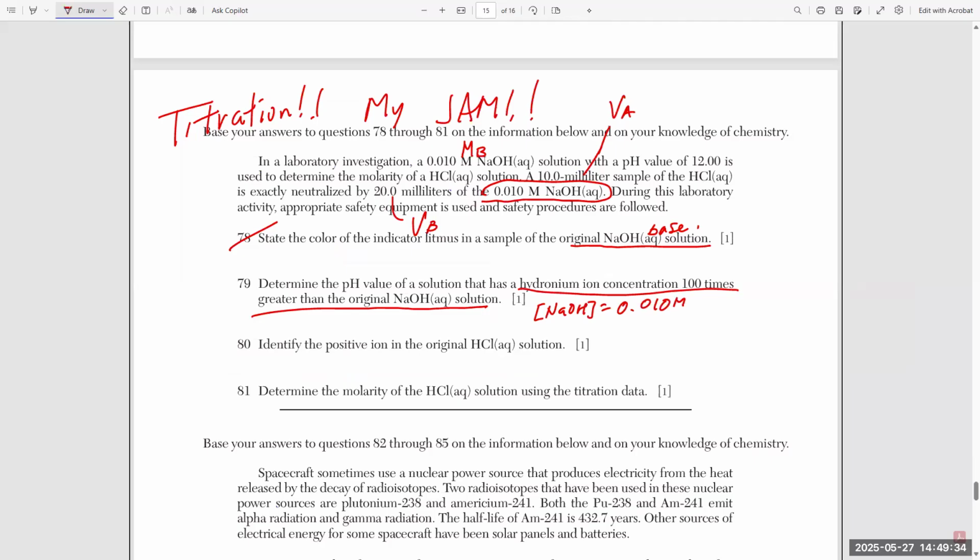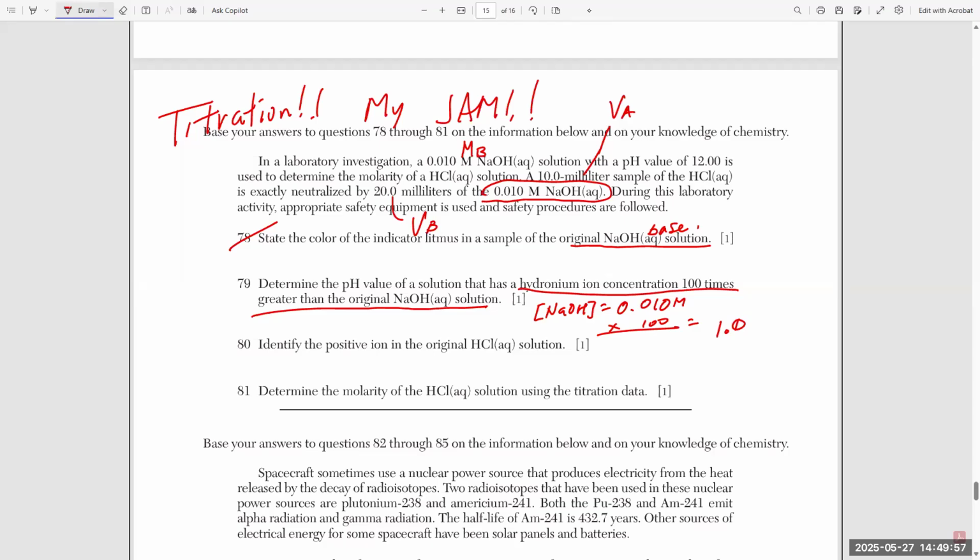But what did they say? It's 100 times more. So if you multiply this by 100, 0.01 times 100 will be 1.0, right?